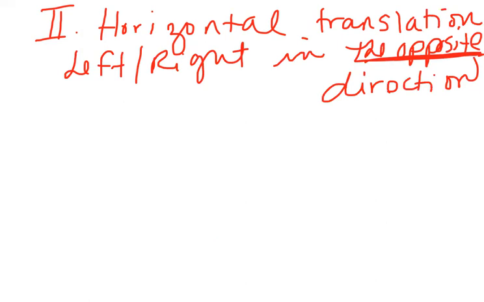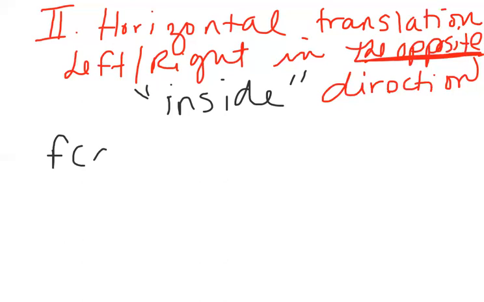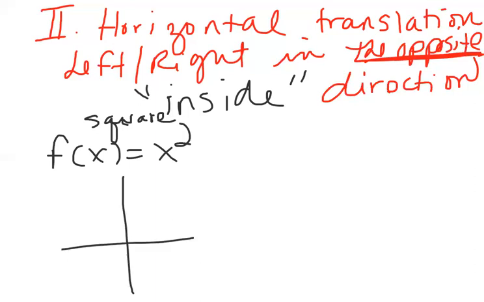So here's what I'm talking about. By the way, guys, this one is going to happen inside the function. Now, what in the world am I talking about, inside the function? Remember the quadratic function. Sometimes I refer to it as the square function because of the power. When you graph the square function, this is what the graph looks like, guys.